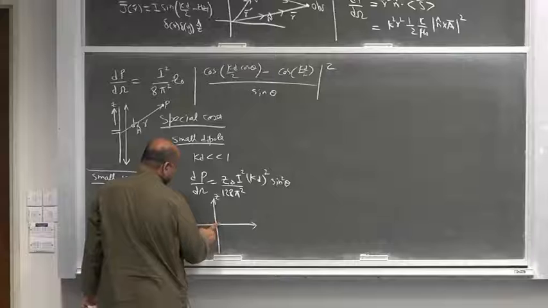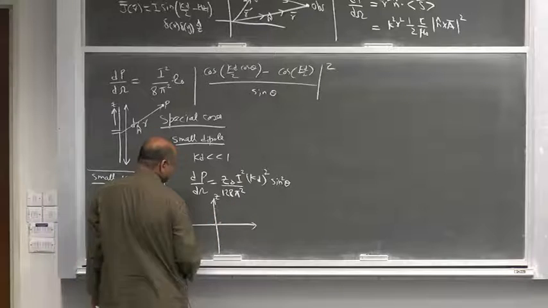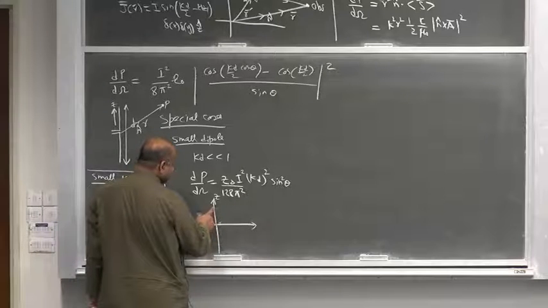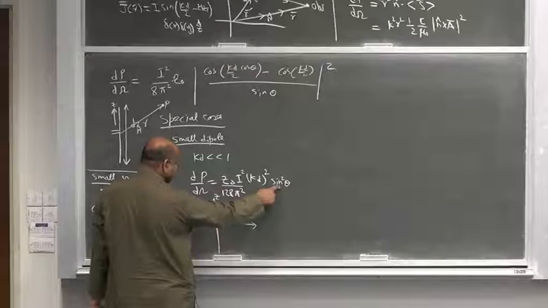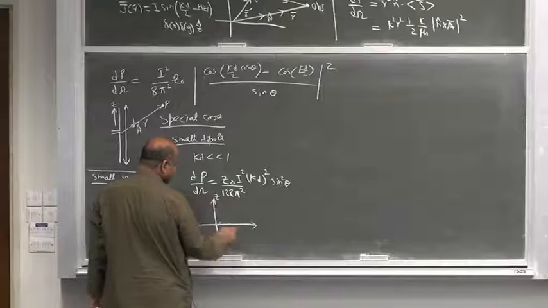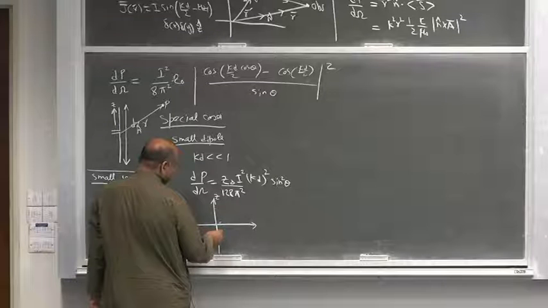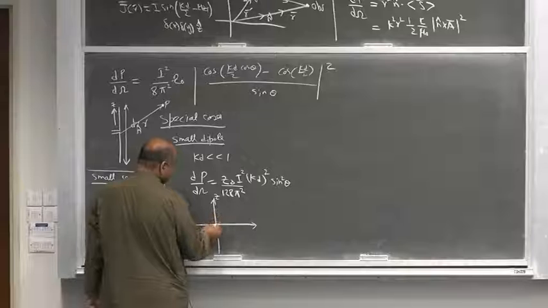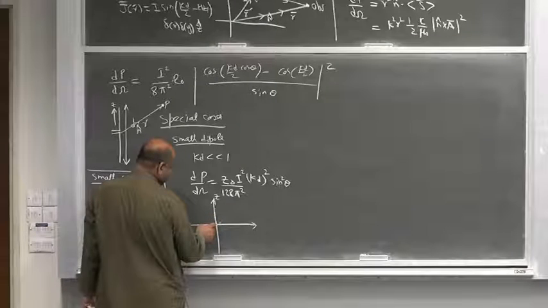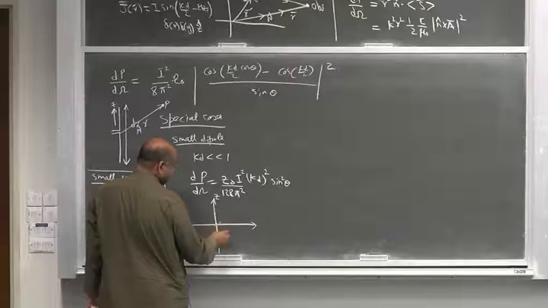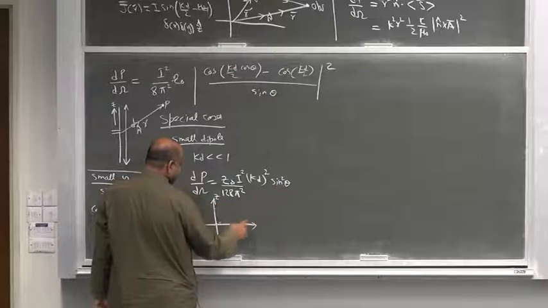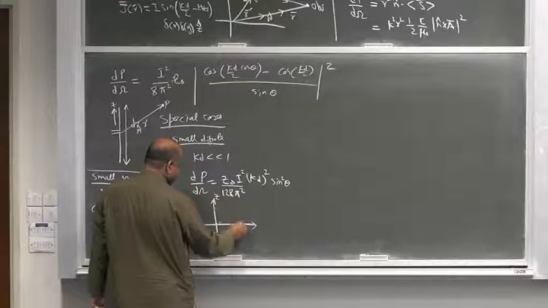So angle theta is this angle. So at theta equal to 0, in this direction this function is 0. At theta equal to 180, this function is 0. So the power is 0 here and 0 here. So in polar plots, the magnitude is represented by the distance of a point from the origin. So it is 0 here, so the point is here. At theta equal to 90, this is maximum, so the point is here.